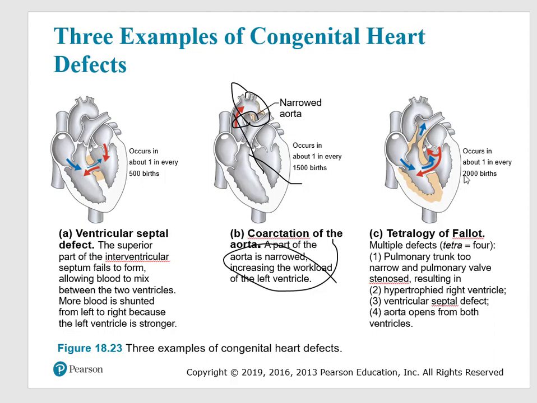The last one we're going to talk about is tetralogy of Fallot, where you have 4 defects in one heart. You're going to have a ventricular septal defect, which is so high, close to the aorta. So you have a ventricular septal defect, hypertrophy of your right ventricle, narrowing of the pulmonary trunk, and the aorta opens from both the right and left ventricle.